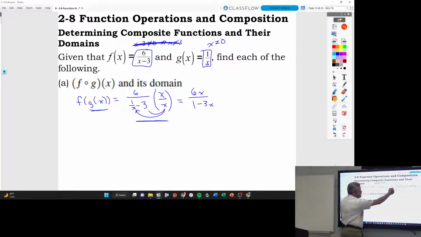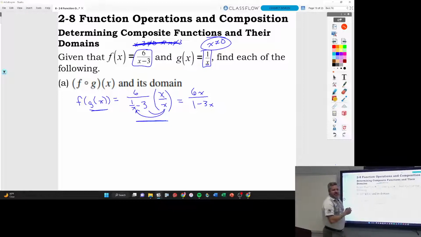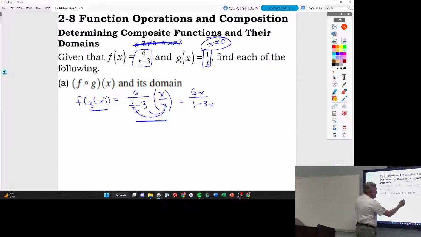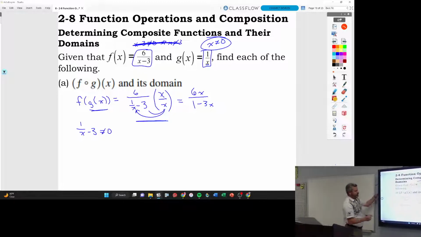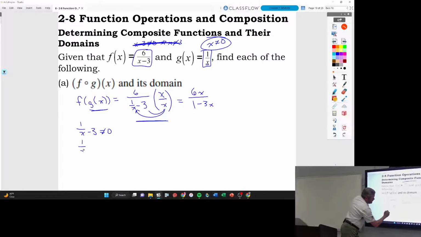If the original problem I start with a g, I see that x can't be 0. And then I look at my final answer here when I take f of g of x, and I get this 1 over x minus 3. Well, 1 over x minus 3 can't be 0. That means that 1 over x can't be 3.